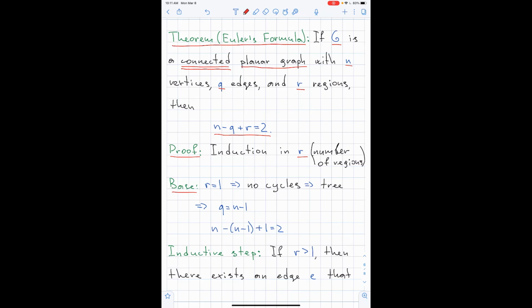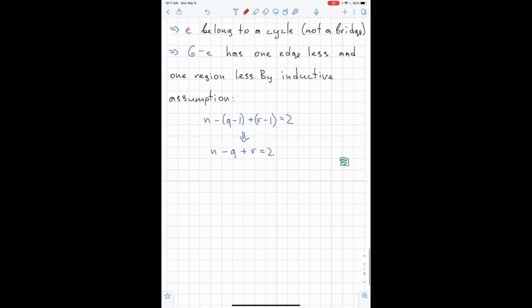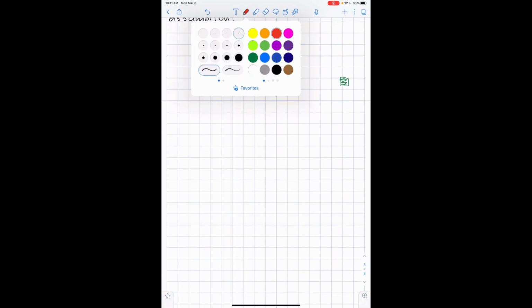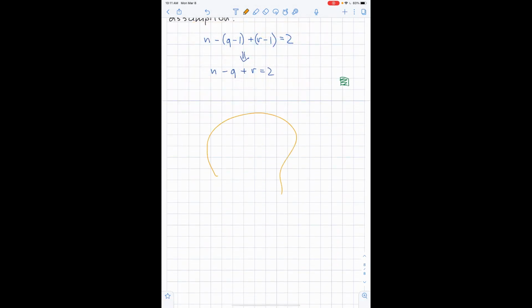So if we just have one region, that means that our graph has no cycles. Indeed, if our graph has a cycle, then let's take any edge on this cycle, maybe this edge here, and then let's take 2 points just across this edge, near this edge, like that.